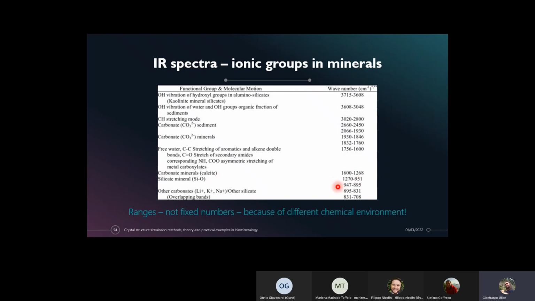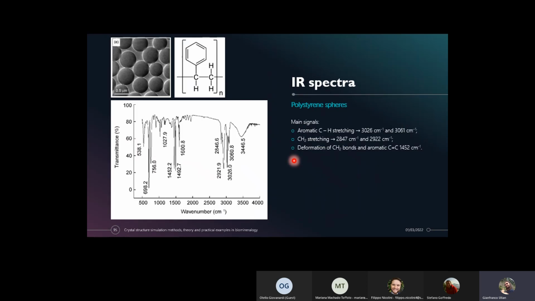You can see varying from 1600 to 1300 reciprocal centimeters. Okay. So just to show you, this is an example of an infrared spectrum obtained for polystyrene spheres.